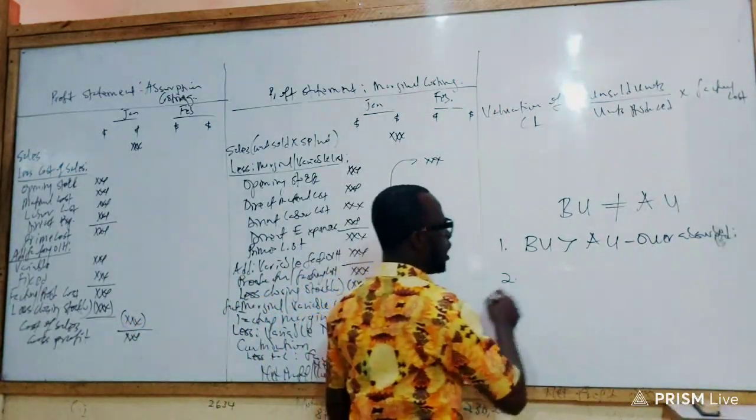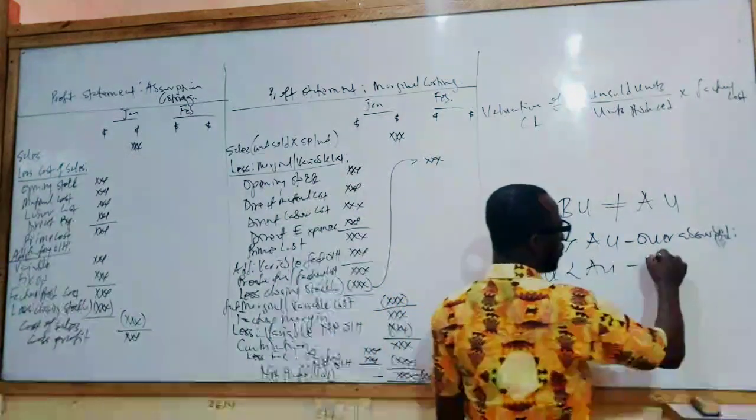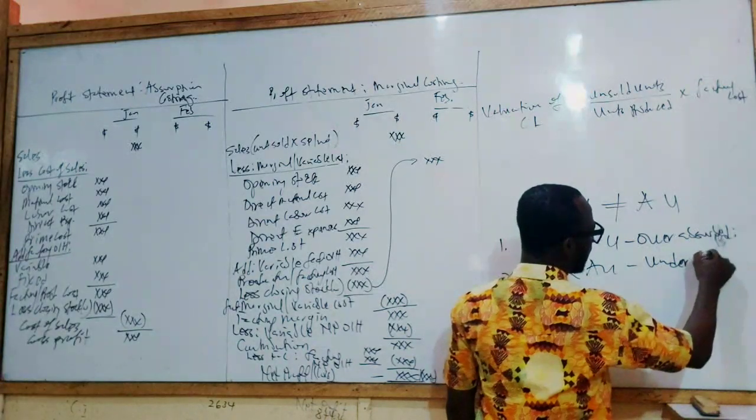Scenario 2. If your budgeted unit is less than the actual unit, then we say overheads have been under-absorbed.